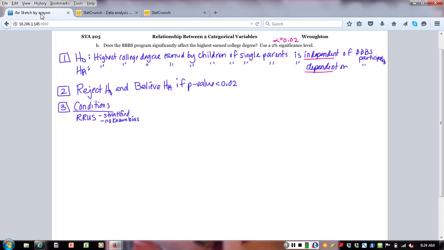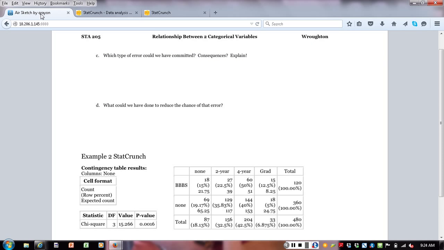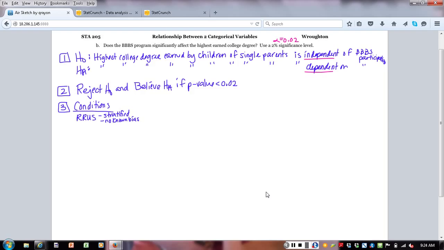Then we need all of our expected counts to be at least 5. So our expected counts in my output here are just those last numbers. I'm just going to list them. And those are all at least 5. So we're good there.